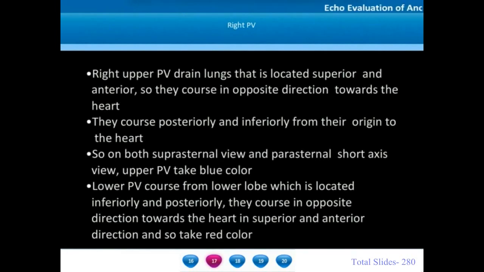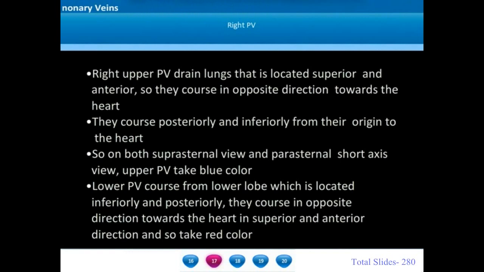The right upper pulmonary vein drains the upper and the middle lobe, which are located anteriorly and superiorly. So the veins course in the opposite direction towards the left atrium. They course posteriorly and inferiorly from their origin towards the heart. In both the suprasternal view and the parasternal short axis view, therefore, the upper pulmonary vein takes a blue color because the flow is from anterior to posterior and superior to inferior.